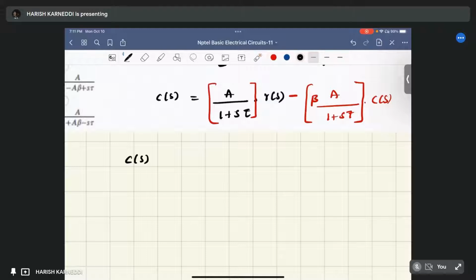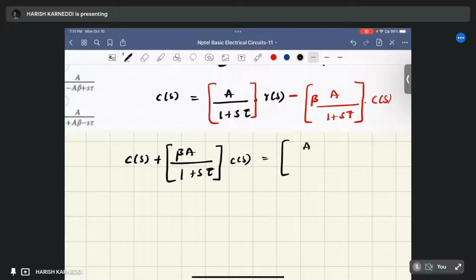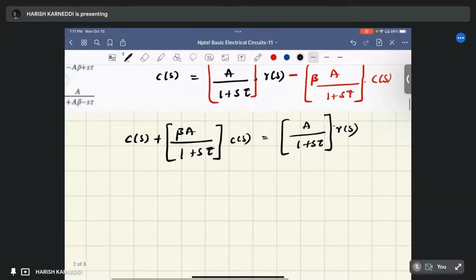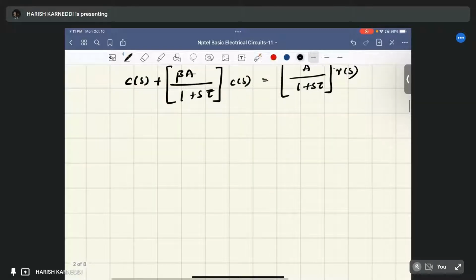So we can write plus beta A by 1 plus S tau into C of S equal to A by 1 plus S tau into R of S. One can take this C of S as common.